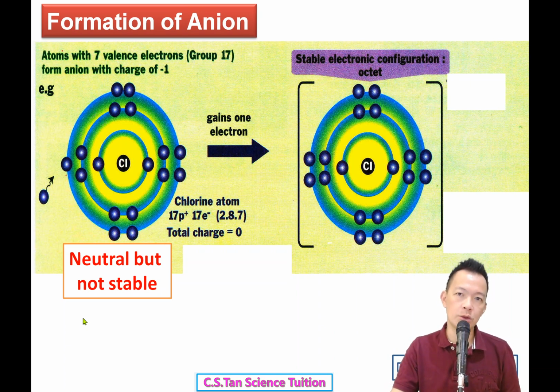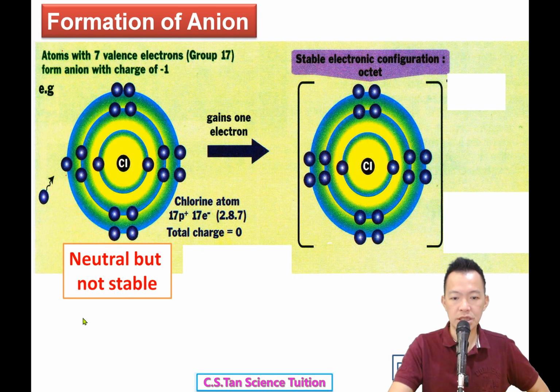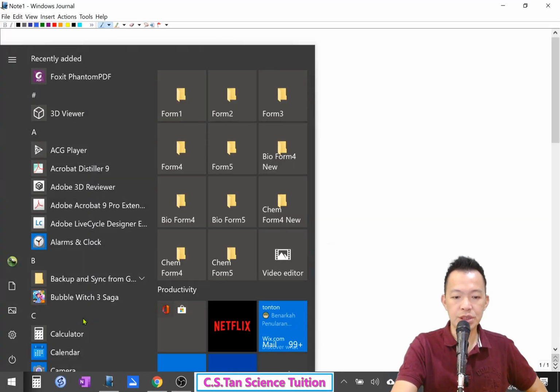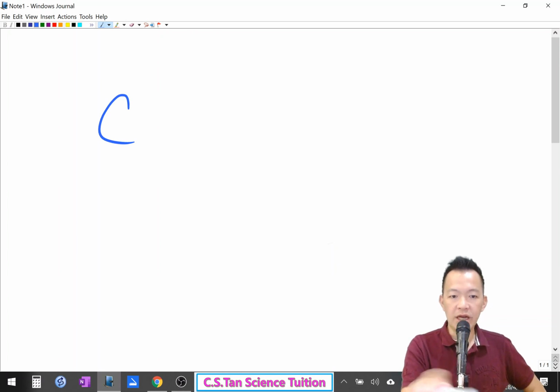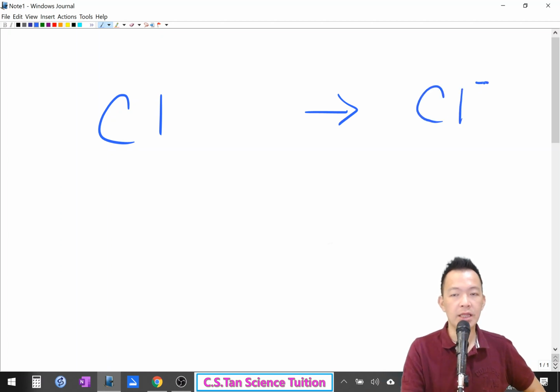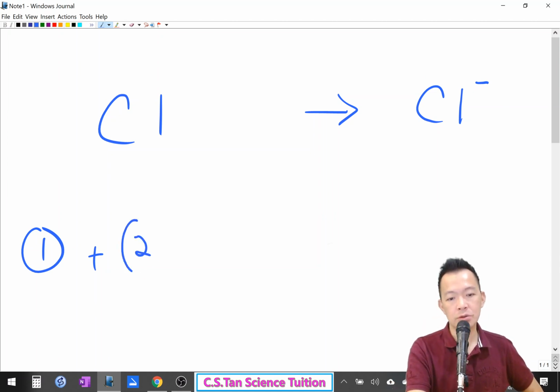So how to write the half equation? I'll write it again. Chlorine atom going to gain 1 electron, and finally it will become chloride ion. The first step: reactant and product written. Second step, look at the atoms: chlorine 1 atom, chloride ion made up of 1 atom, so the number of atoms is equal.